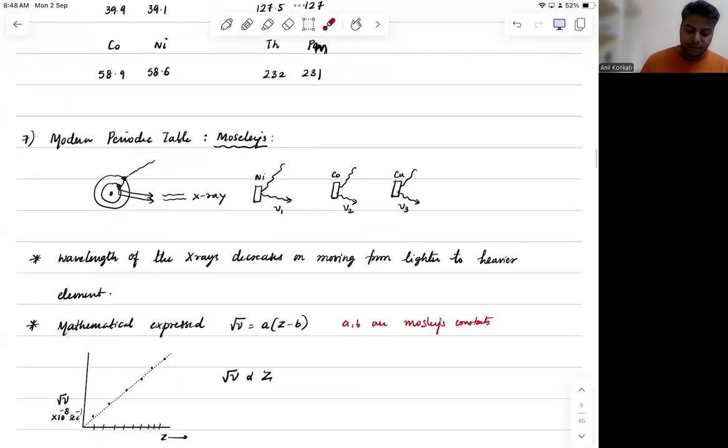Next comes the modern periodic table, which was suggested by Moseley, where he incident light with high intensity, which was able to release electrons even from the inner shells. If electrons are ejected from the inner shells, they always come in the form of X-rays.